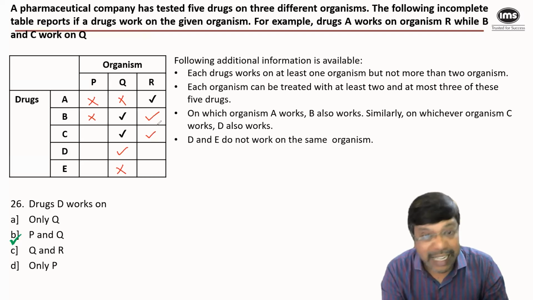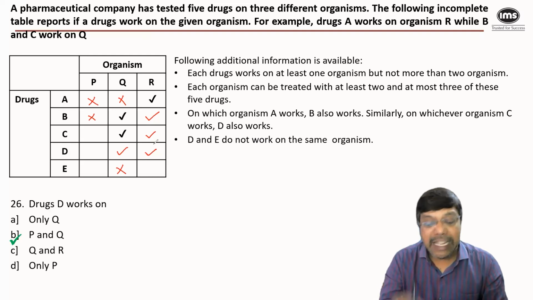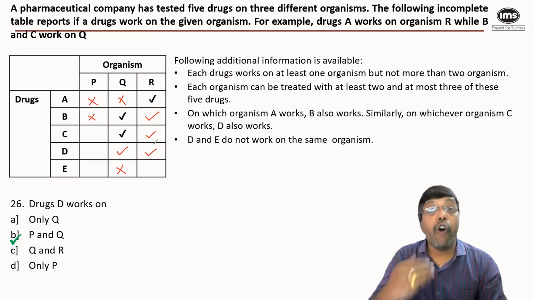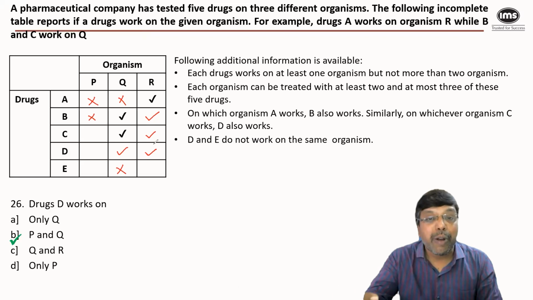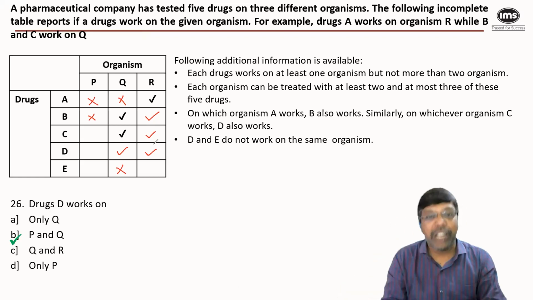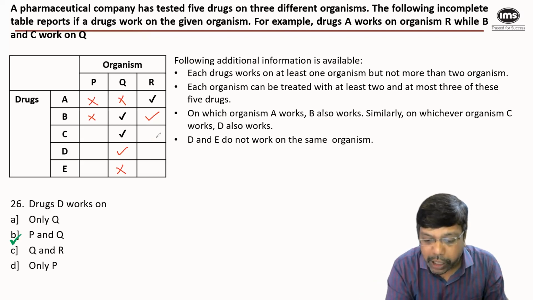Because if I say C works on R, I will have to say D also works. Now, the problem is, in that case, there are 4 drugs which are showing an effect on R, but column wise, the maximum number of ticks I can have is only 3, which means the drug C does not work on R.